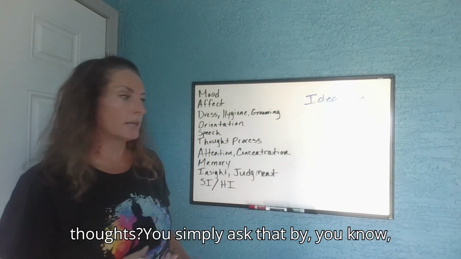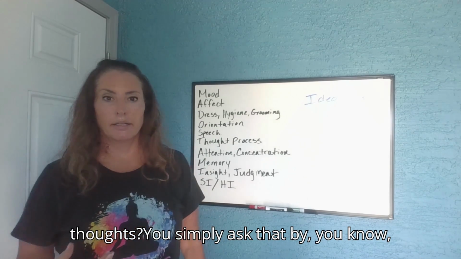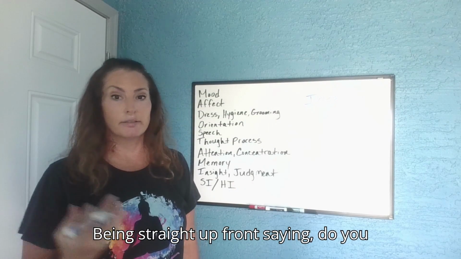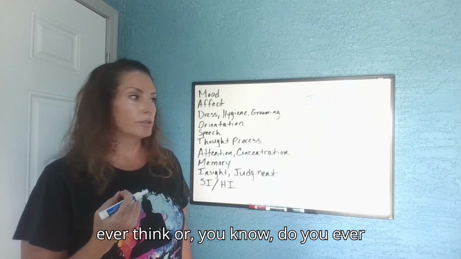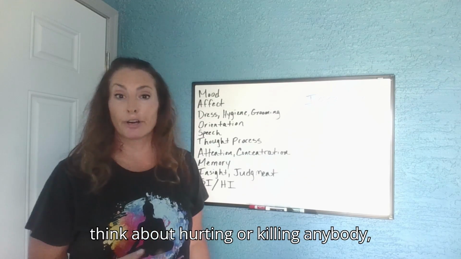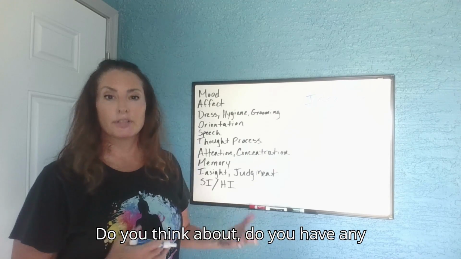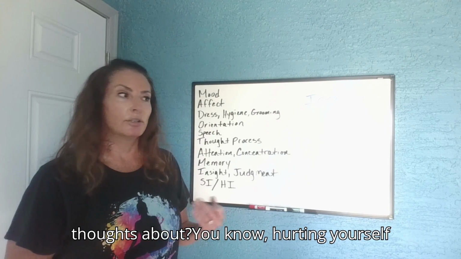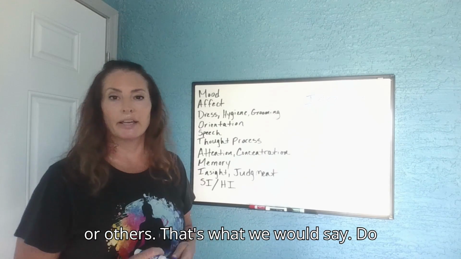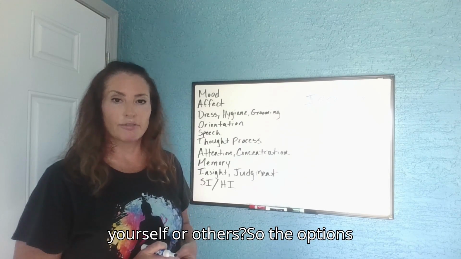Suicidal or homicidal thoughts. You simply ask by being straightforward and saying, do you ever think about hurting or killing anybody, or killing yourself? Do you have any thoughts about hurting yourself or others?